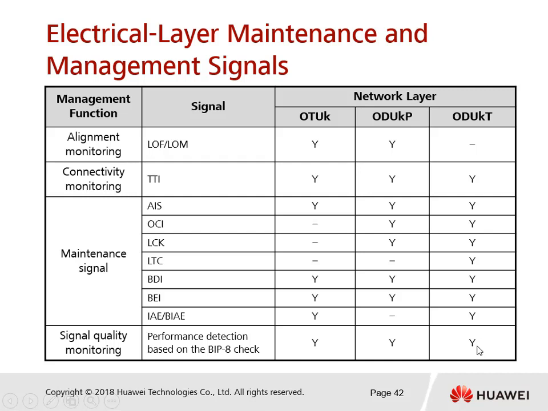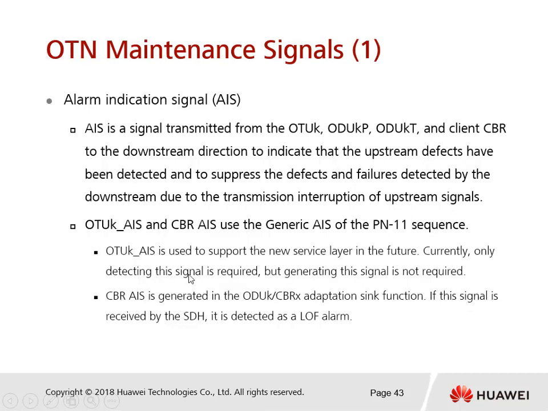Okay, so next we are going to explain the maintenance signals one by one. First you can see the maintenance signal AIS, alarm indication signal. This one is transmitted from the ODUK, ODUKP, ODUKT, and client CBR to the downstream direction.